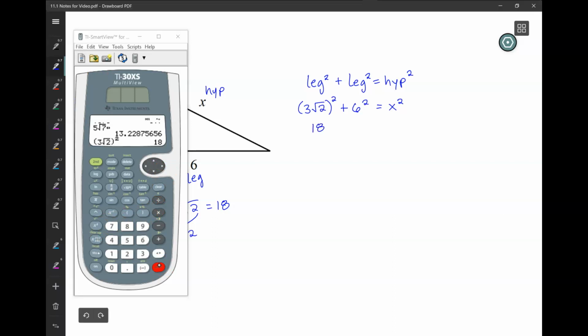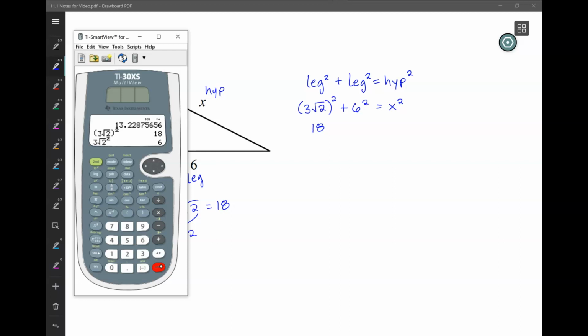It is 18. Now, if you leave the parentheses off, the calculator thinks that you only want to square the square root of 2, and it will give you 6, because it didn't square the 3. It just did 3 times the square root of 2 times the square root of 2.